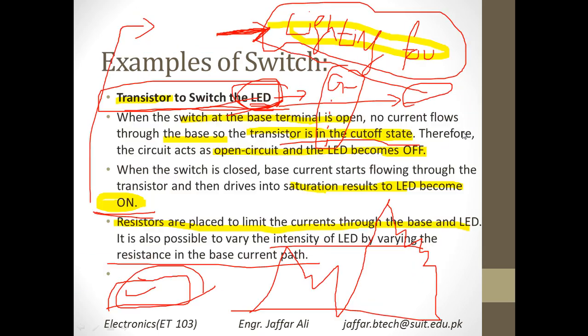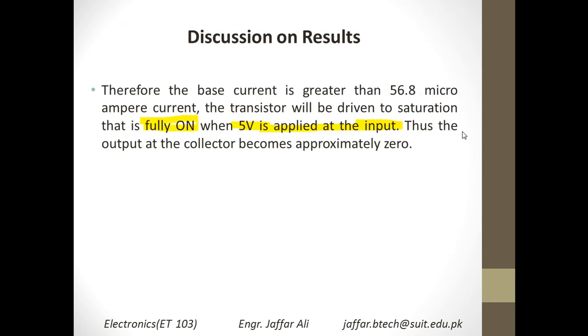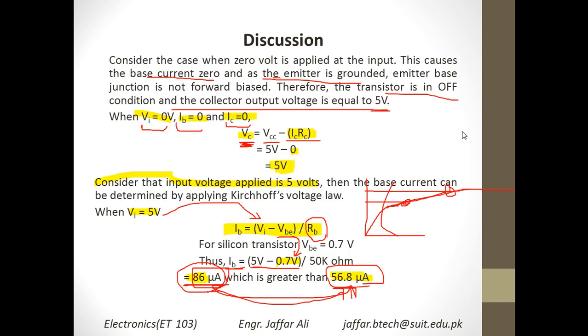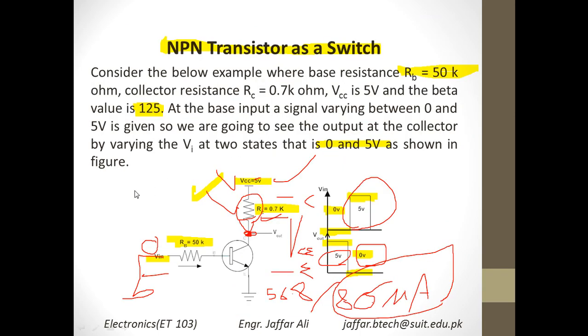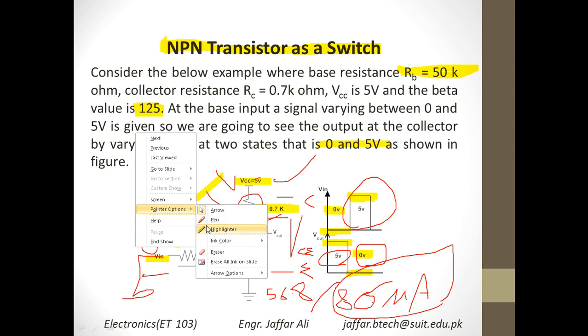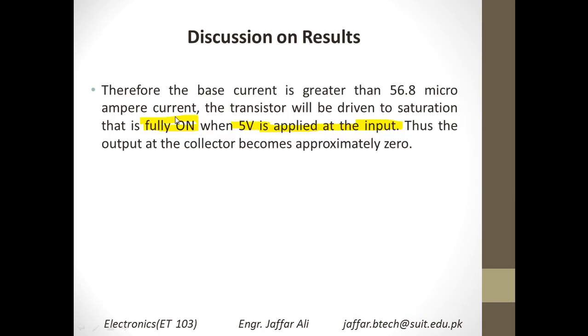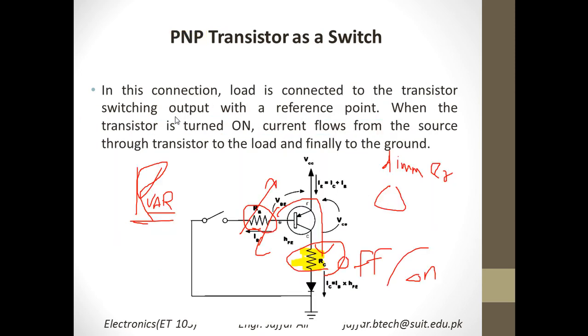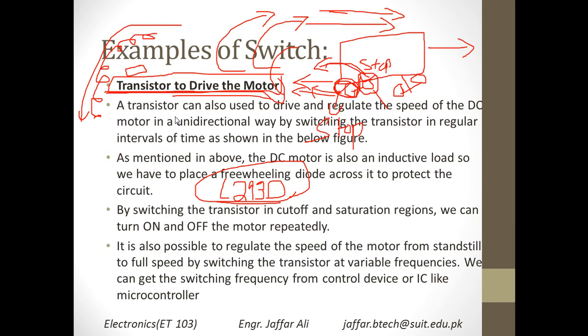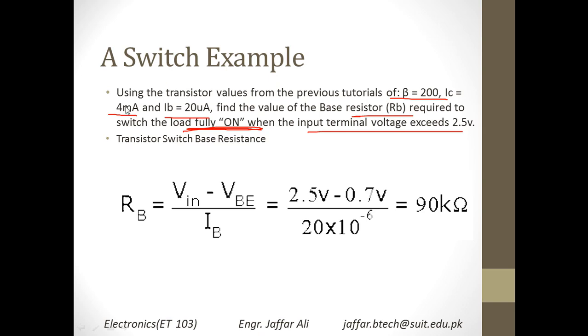It means that you are given a circuit, and instead of this Vin, you are asked to provide a certain voltage that should not exceed 2.5 volt, and instead of this beta of 125 you are now given beta equal to 200, and the other things are the same.